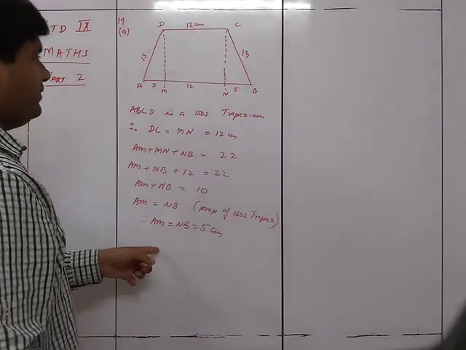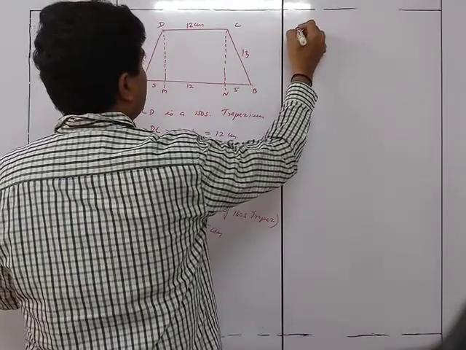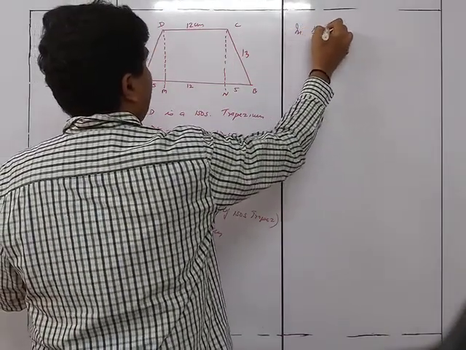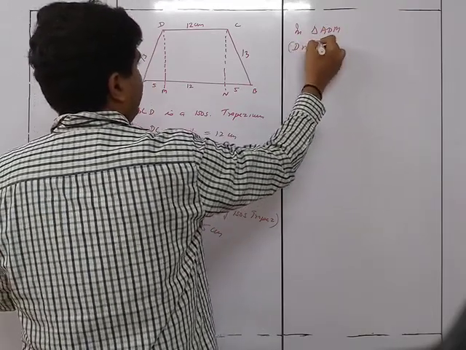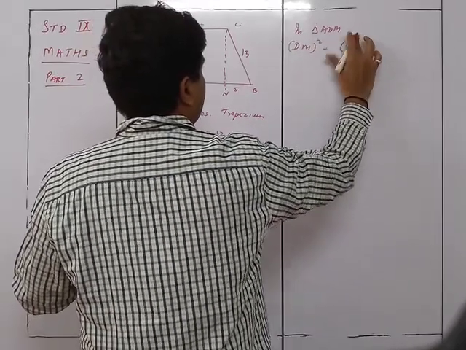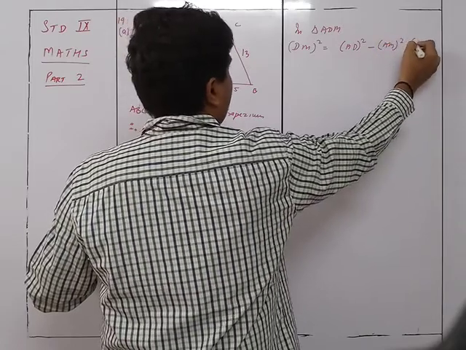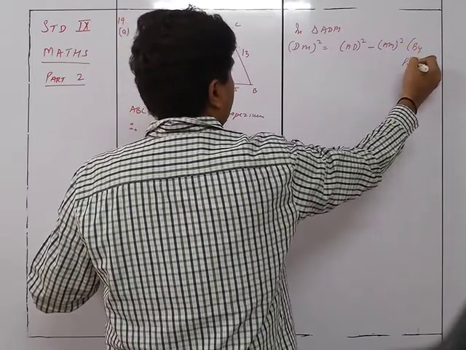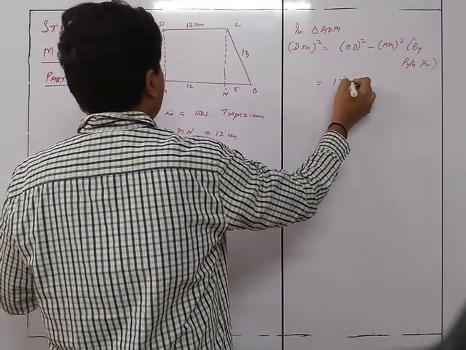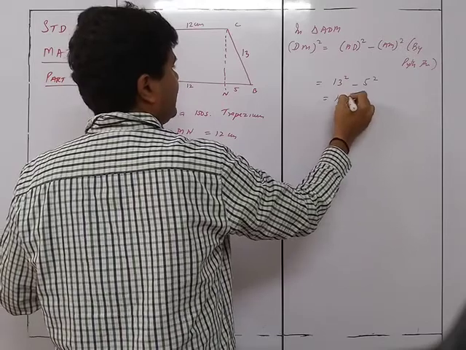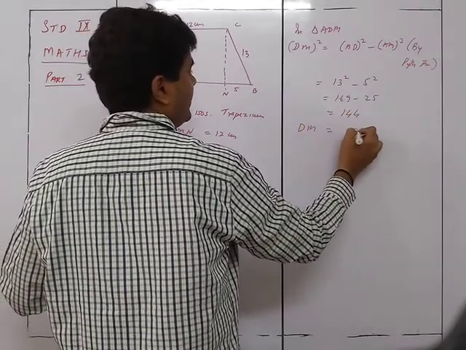Okay. Now we are going to find out the height of the trapezium. So we have height over here, that in triangle ADM, DM the whole square is equal to AD the whole square minus AM the whole square. That is by Pythagoras theorem. Which will give me 13 square minus 5 square, 169 minus 25, is equal to 144. So DM will be equal to 12 centimeters.